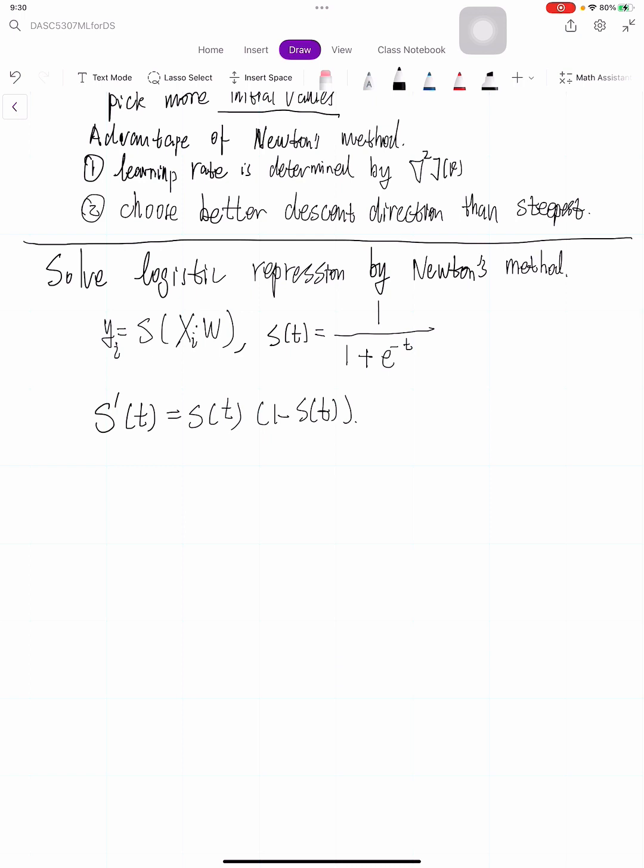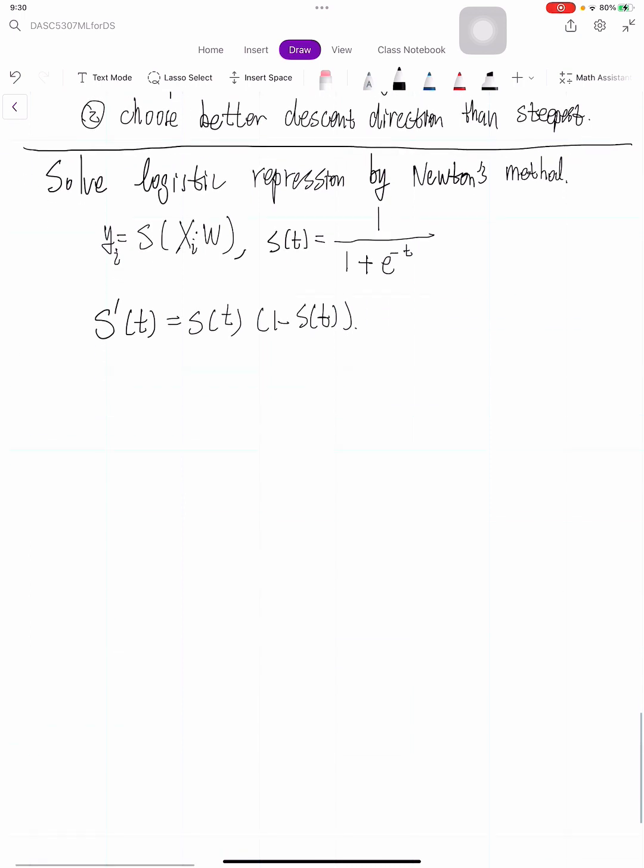So to use Newton's method, we need to solve for the gradient first, the gradient of the cost function.